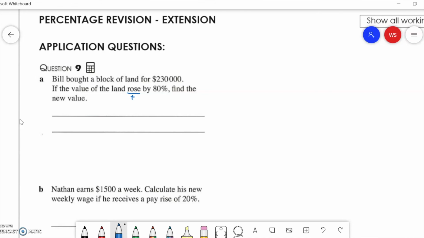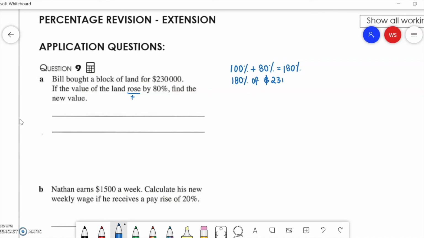So same thing as with question 7 with increase, it is the same as the price rising up. So that's 100% plus 80, because once that price rises, that will definitely be above 100%. 180%, 180% of that original amount over there.